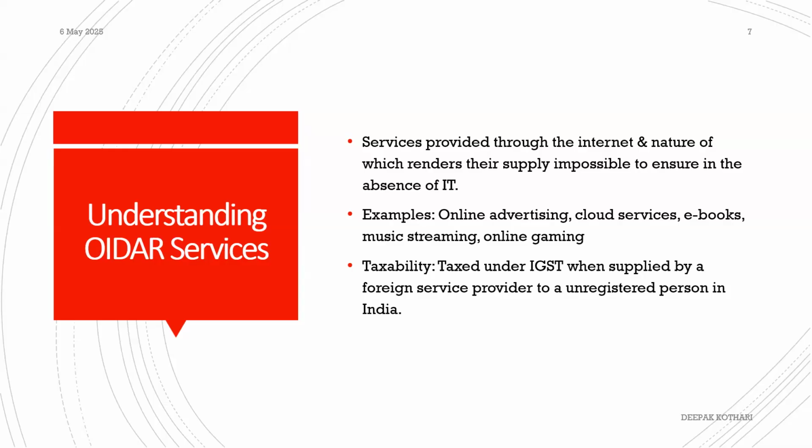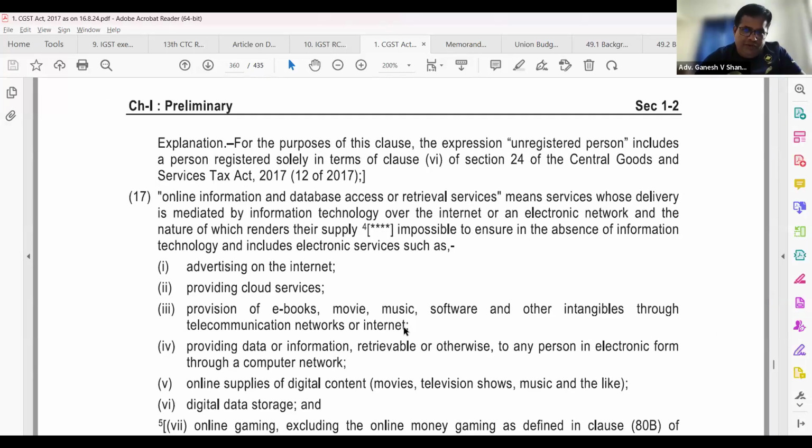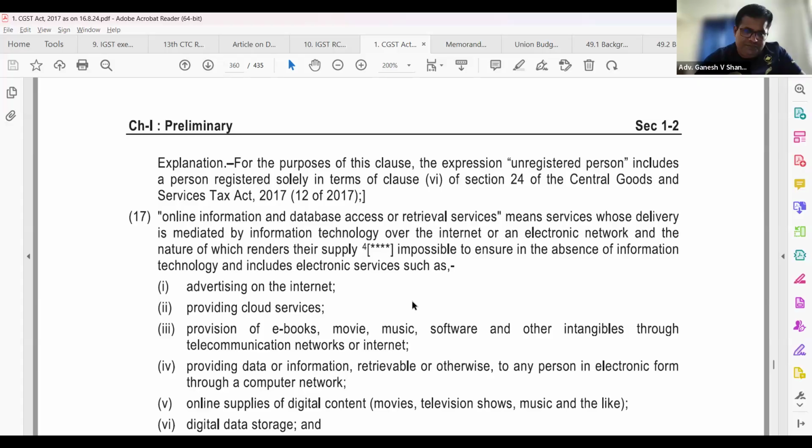Can you also just show the definition on screen once? I think we need to differentiate between delivery of service and consumption of service. It talks about delivery, not consumption.